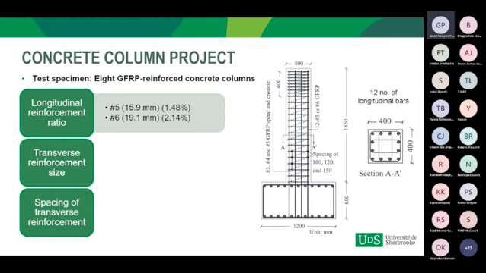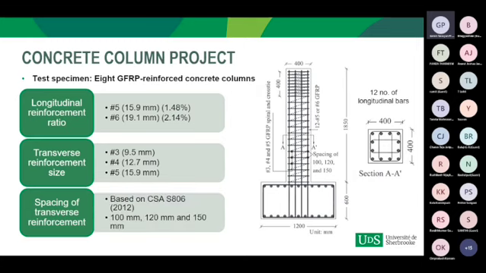The longitudinal reinforcement ratio consisted of 12 number 5 GFRP bars, equivalent to a 1.5% longitudinal reinforcement ratio, and 12 number 6 GFRP bars, equivalent to 2.1%. Three different sizes of GFRP spiral and cross tie were selected based on the North American code, and the spacing of the transverse reinforcement was generally based on 1/4 of the minimum bar dimension, 6 times the diameter of the smallest longitudinal bar, and 150 millimeters.